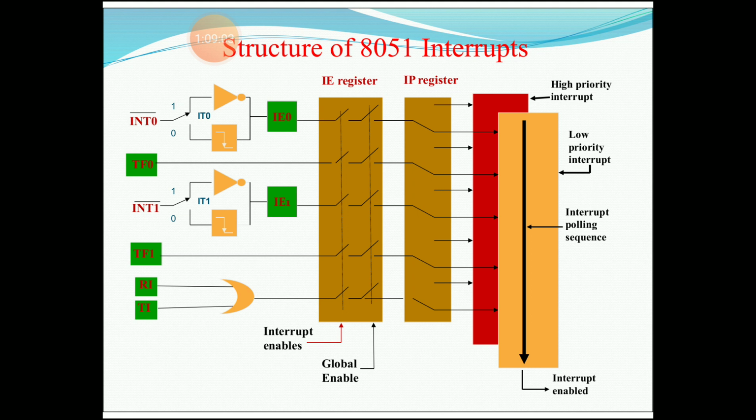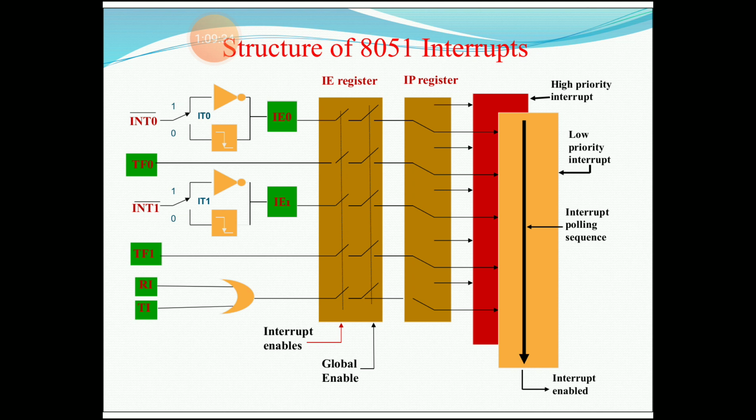So these 5 interrupts are given to the IE register. When the IE register global enable input is 1, it allows the interrupt signals. If it is 0, it ignores all the interrupts. After the IE register allows these interrupts, they are given to the IP register, and depending upon whether its bits are set or reset, if the IP bit is logic 1, the corresponding interrupt is sent to the high priority block.